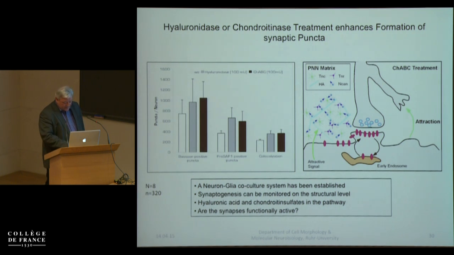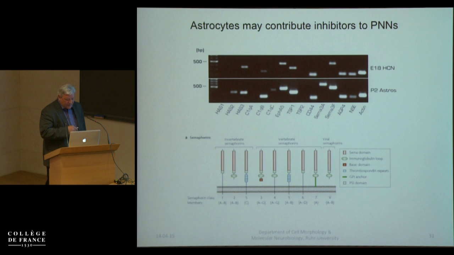And we have tested the different cellular compartments in our model because we can separate astrocytes and neurons in that model, and found a variety of genes that are known to affect synapse formation, in particular semaphorin 3A as originating in the astrocyte compartment in this model, and we will hear more about that in Joost Verhagen's talk later.